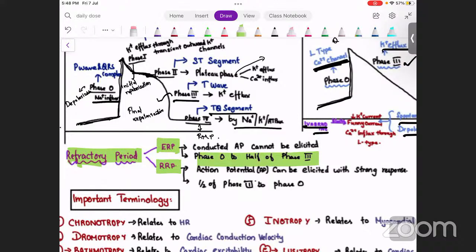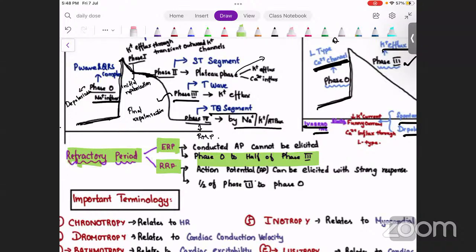While in the relative one, the action potential is happening and the next stimulus is coming. In the effective refractory period, the stimulus cannot be elicited, because already we are running one, please wait, the heart says. But in the case of relative refractory period, a strong stimulus is able to elicit the action potential.